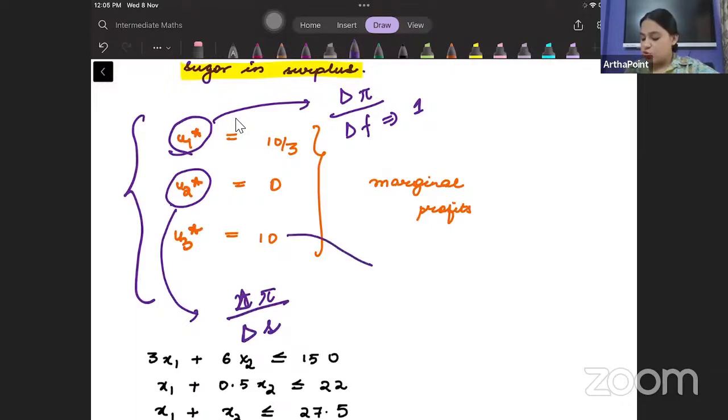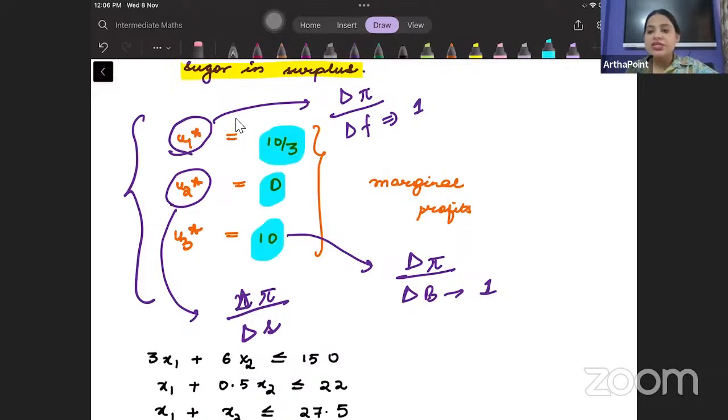Then beta, this is U3 star: how my profits change when my butter changes by 1 unit. यही हमने अभी निकाला है कैसे profits change होंगे. These values that we have found out, U1 star, U2 star, U3 star, are called marginal profits. क्या बोलते हैं इनको? Marginal profits.